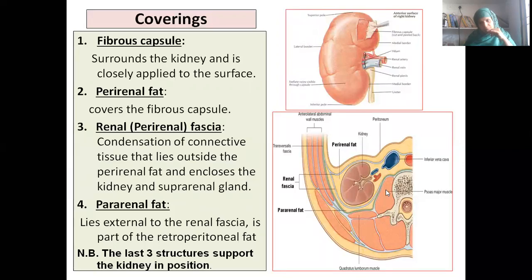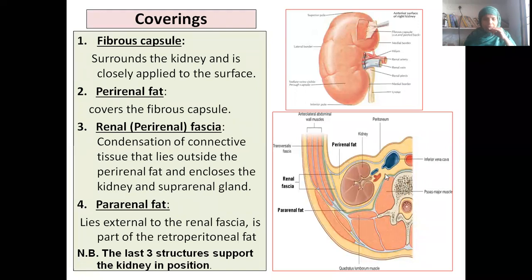We have taken this picture at the level of the lumbar vertebra, and this is the peritoneal covering, which moves like this. I told you kidneys are retroperitoneal organs, so this whole area is peritoneum.